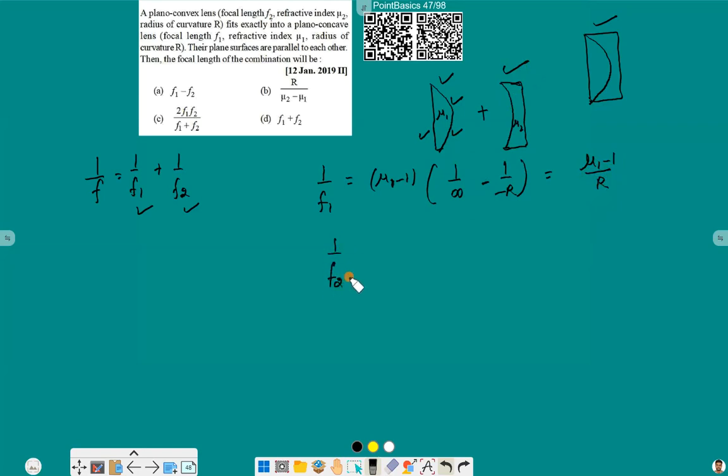1 by f2 will be equal to mu2 minus 1. For this, we have negative radius of curvature, so that will be negative 1 by R minus 1 by infinite.